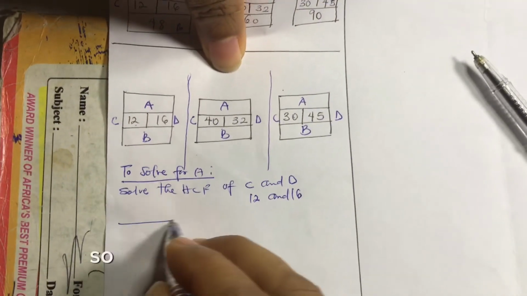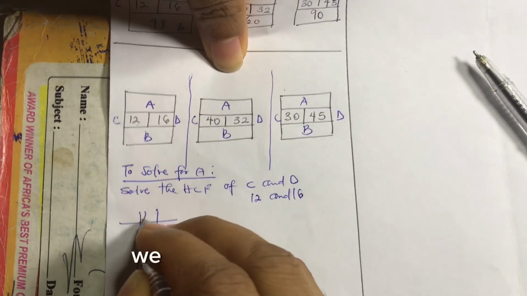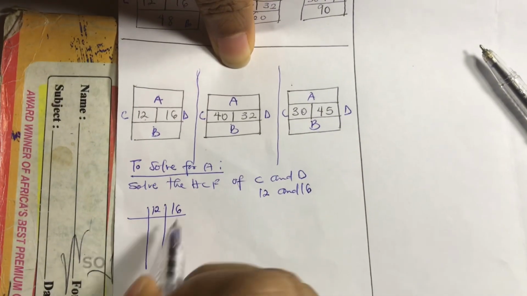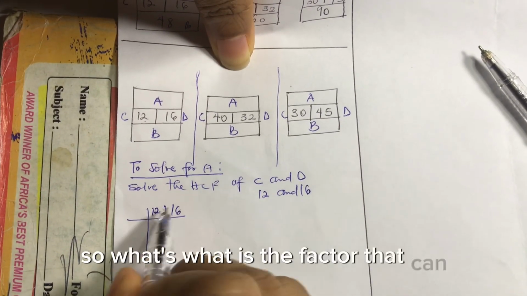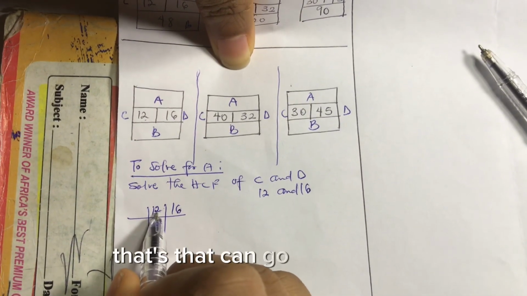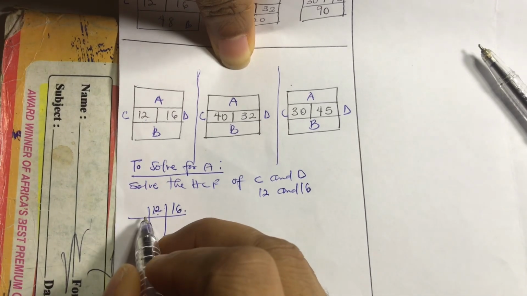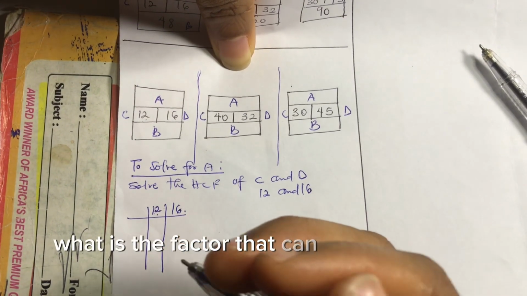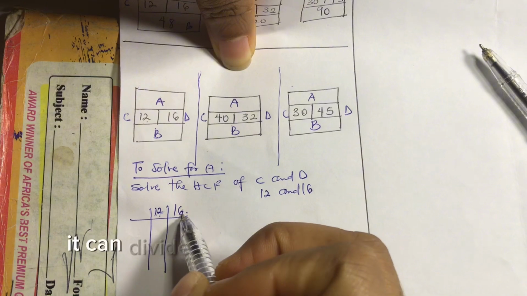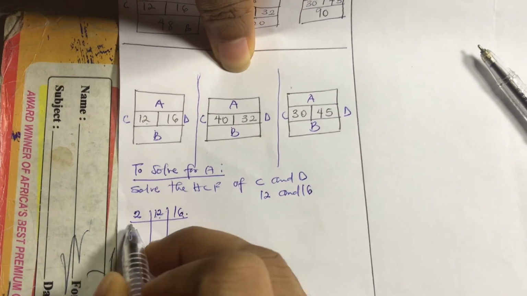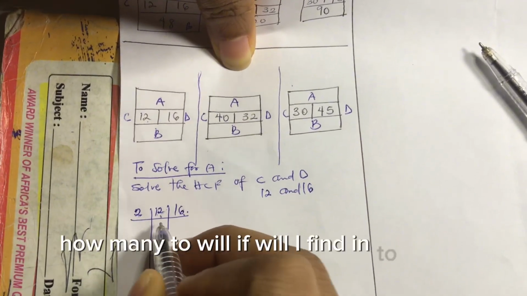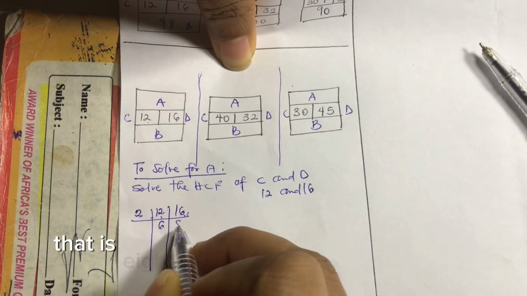So this is how to solve for the HCF. We have the 12 and the 16. What is the factor that can divide 12 and that can divide 16 without a remainder? That is 2. 2 in 12 is 6, 2 in 16 is 8.